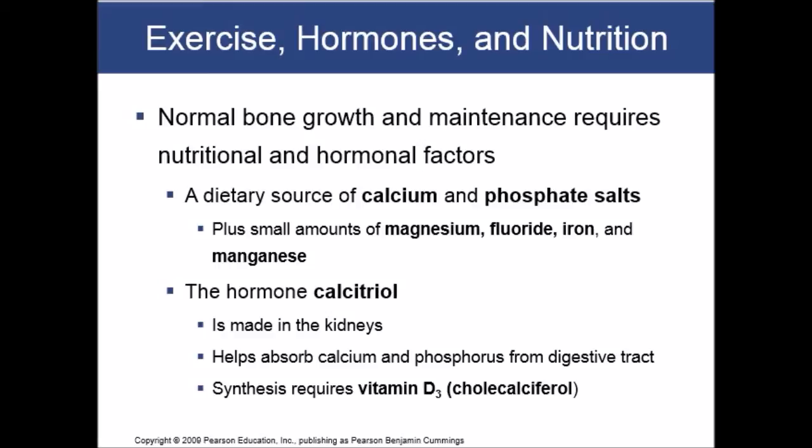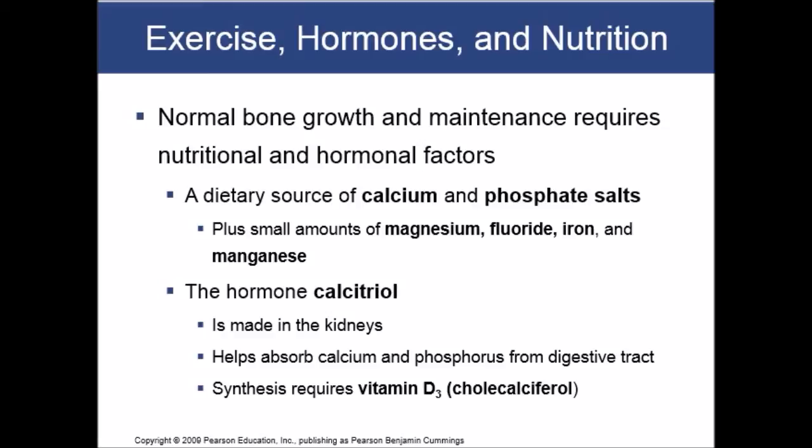Okay, parathyroid hormone, vitamin D, which is cholecalciferol, and calcitonin and calcitriol, and do not confuse those because most of them start with cal. So calcitriol, calcitonin, calciferol. The three of them start with cal, so you can very easily confuse those. Do not confuse them. They are completely different.